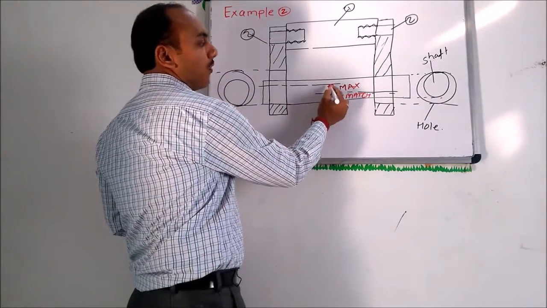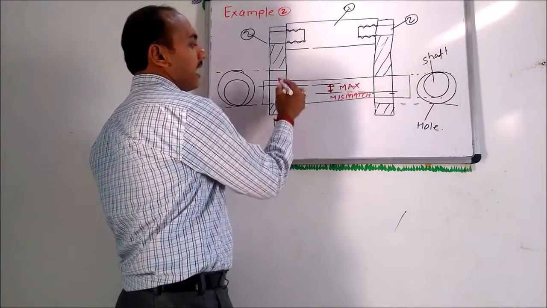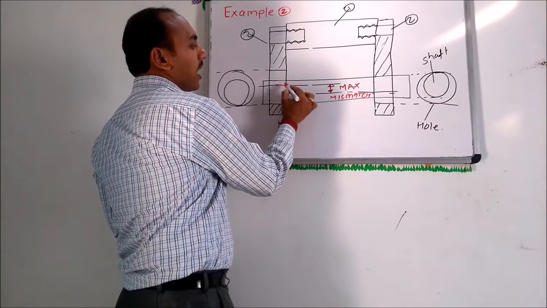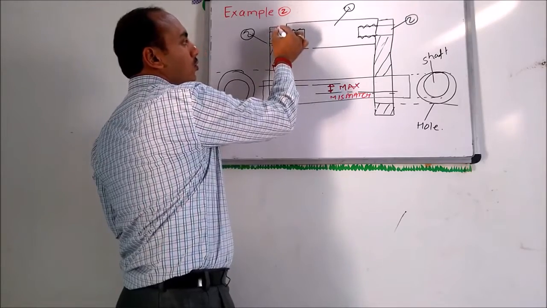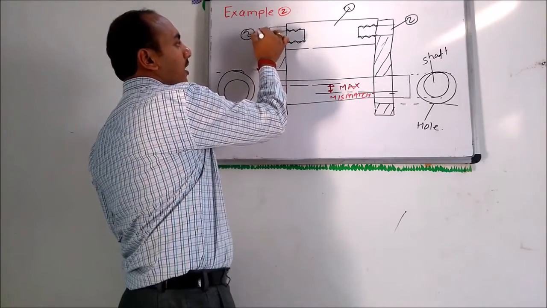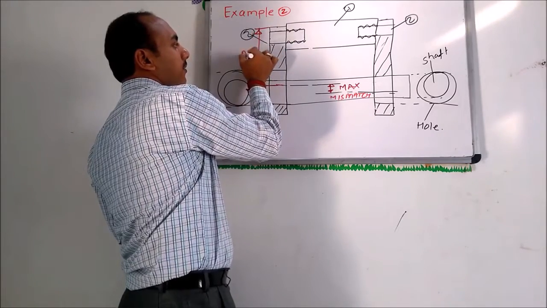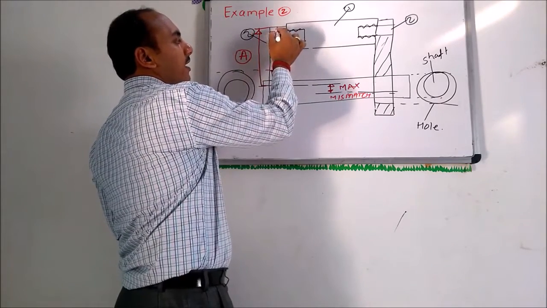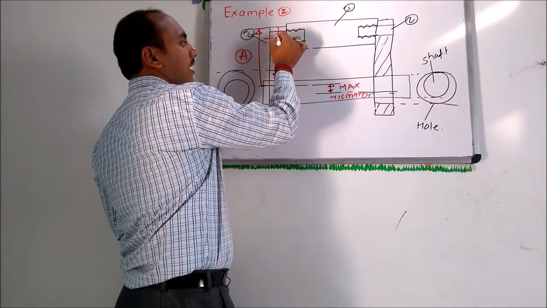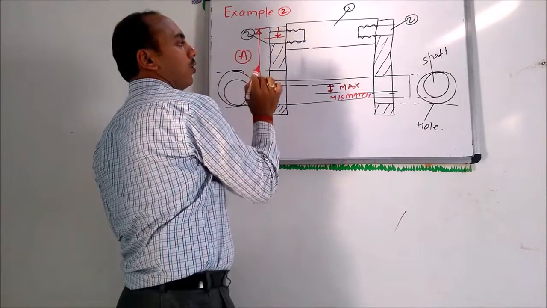Suppose I need to find out the maximum mismatch over here and I'm on the axis of this hole. So I can go from here to the top surface of the plate because I have given the dimension from there. So that is A. Then I have located the hole from this face again, so I can directly come to that hole.